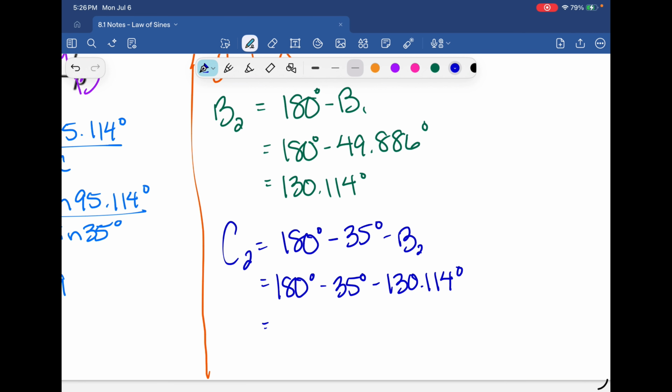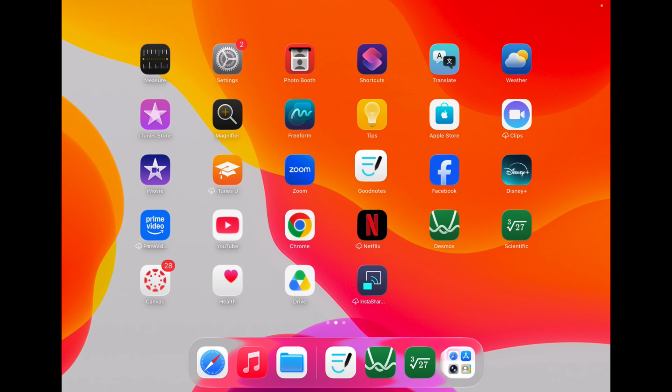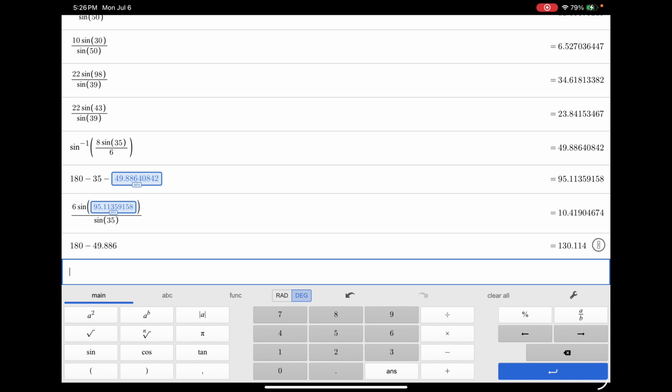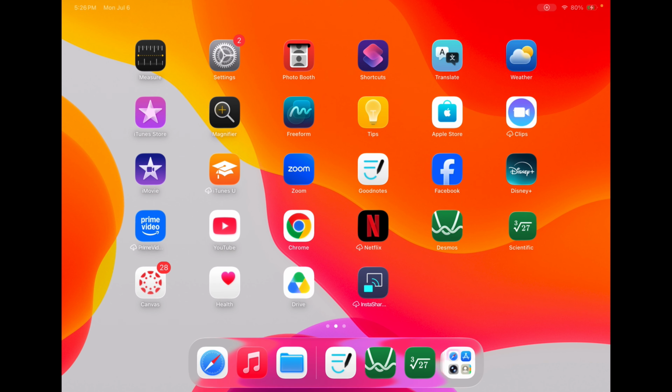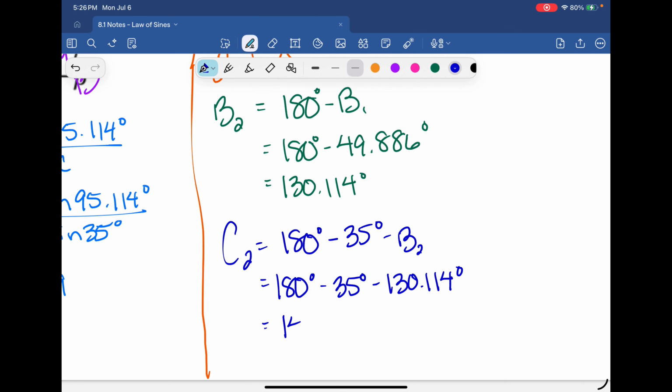If this angle is negative, there's not a second triangle. That's literally all there is. So we do 180 minus 35 minus previous answer, and we get 14.886. That's a positive number. There is a second triangle.